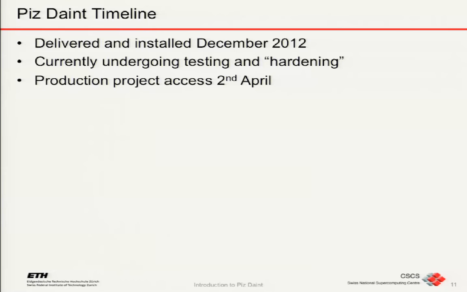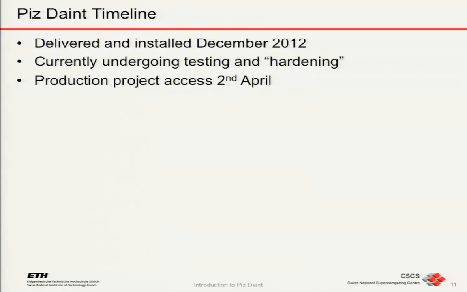So anybody who's got a production project and received a letter from Maria Grazia saying you have time on the system, that's when it will begin. It should be the 1st of April, but nobody's coming in on the 1st of April. It's a holiday. Easter Monday just happens to be Easter Monday and All Fool's Day and the day that our allocation scheme starts.